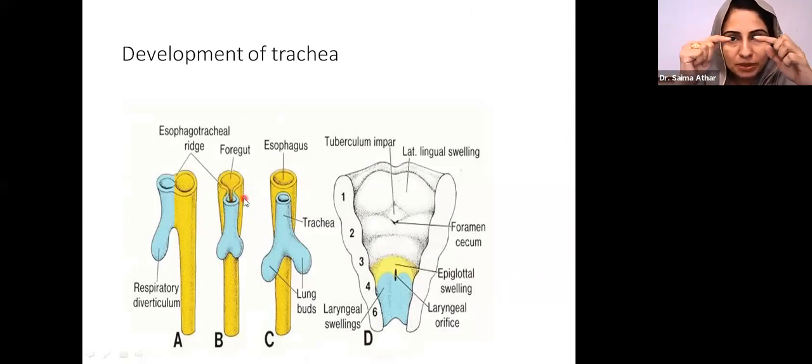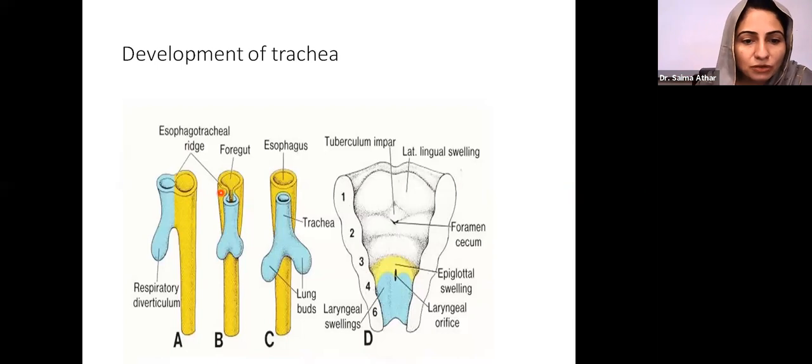The two ridges appear between the foregut posteriorly and the tracheal bud anteriorly. These two ridges slowly and gradually join together. This is known as the tracheoesophageal septum. Now this septum completely separates the trachea anteriorly and the esophagus posteriorly. If this separation does not happen, it will end up in a tracheoesophageal fistula.